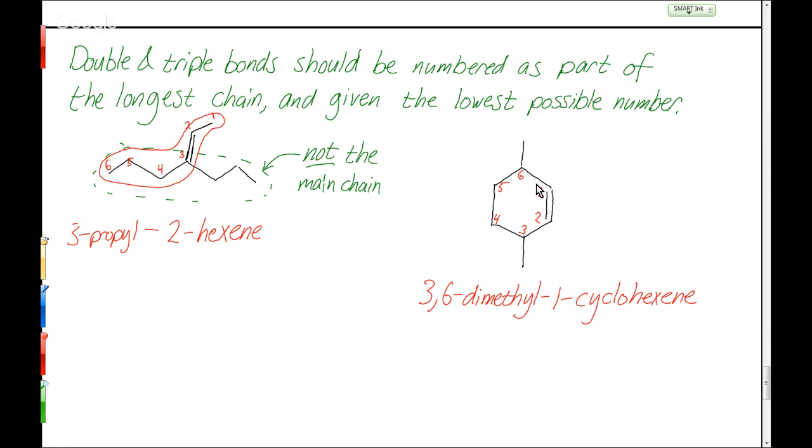You can put halogens on there, F, Cl, Br, I. Stay away from oxygen and stuff because we haven't talked about how to name those yet.